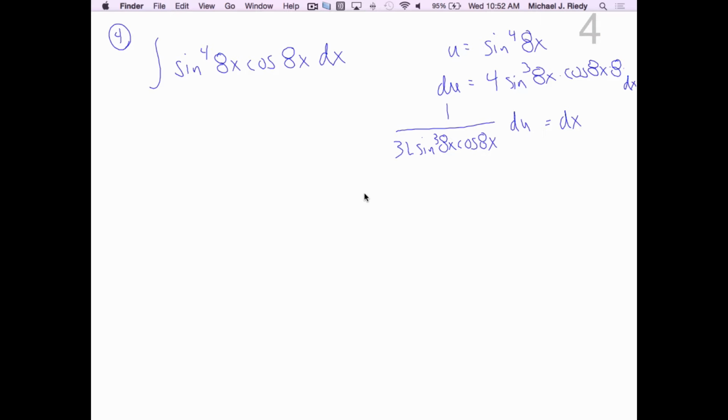Come back over here. He chose this to be u, so that's u. And then this, I don't have any sub for that, so that's just going to be 32 cosine 8x. And then dx is this whole messy business: 32 sine cubed 8x times cosine 8x du.